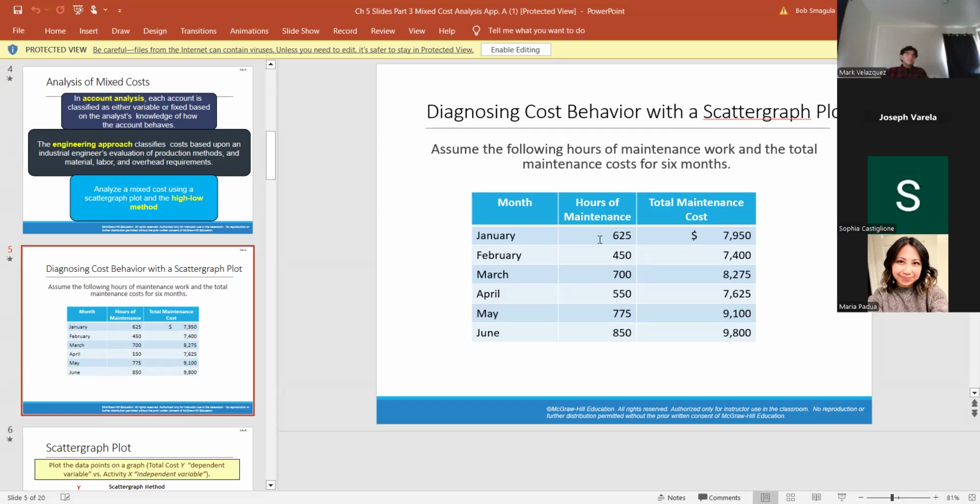January was 625 hours, so you can see it varies quite a bit. It really went up in May and June for some reason. Maybe that's when they had to work on air conditioning. I don't know. And this is the total cost. Well, we can multiply 79.50 in January times 625 and get the total mixed cost. But we want to break out the fixed and the variable.